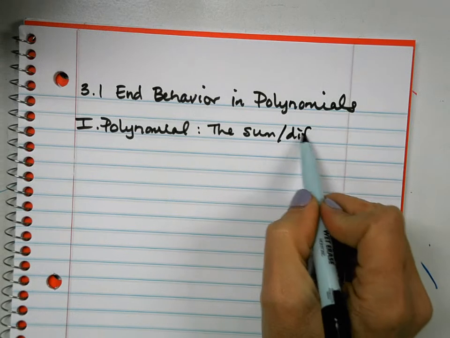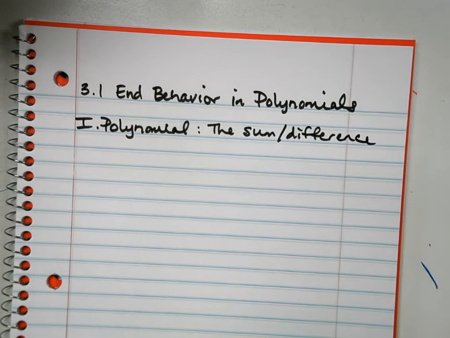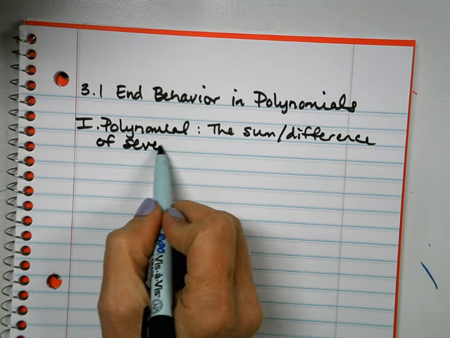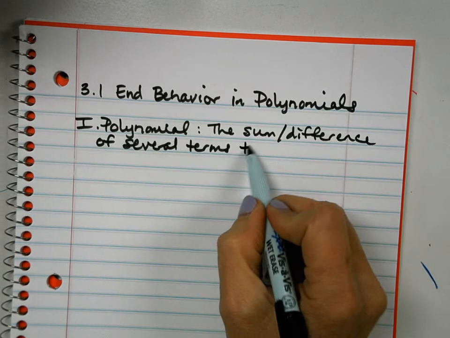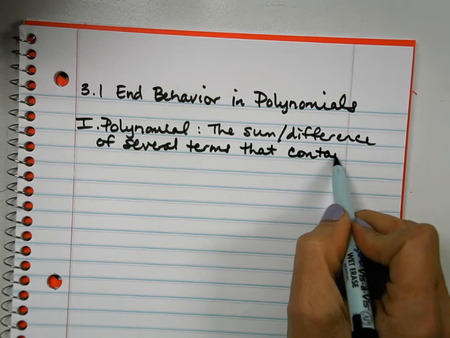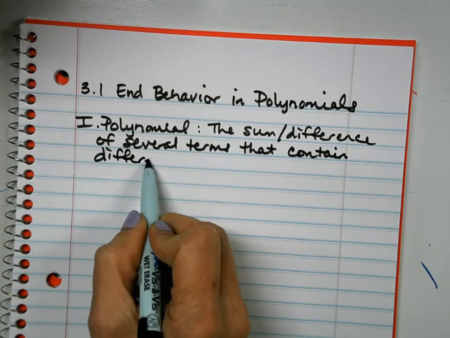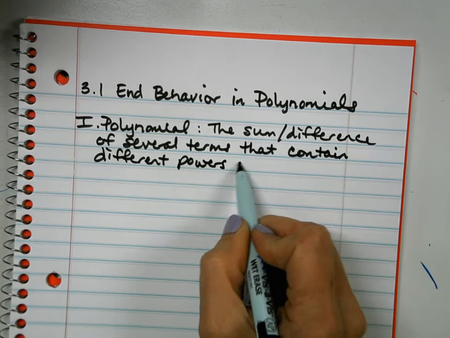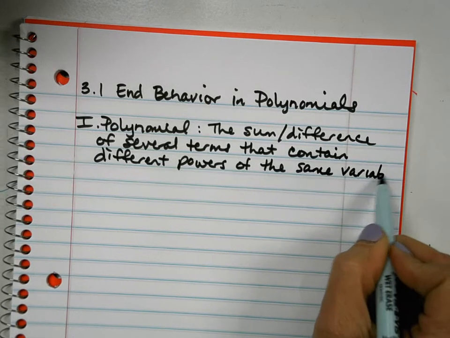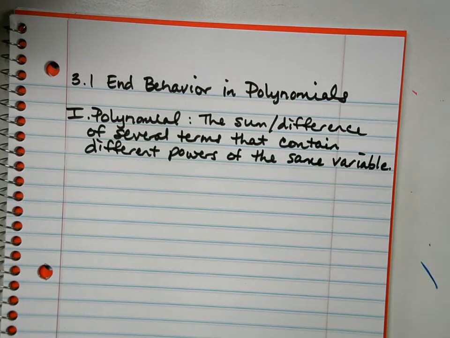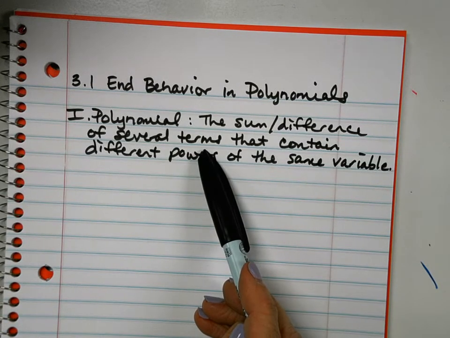The sum slash difference of several terms that contain different powers of the same variable. The terms are the parts that make up the polynomial.